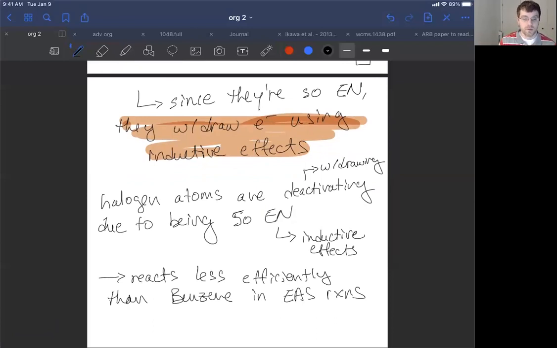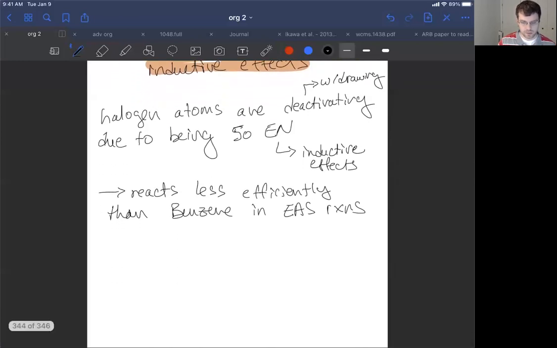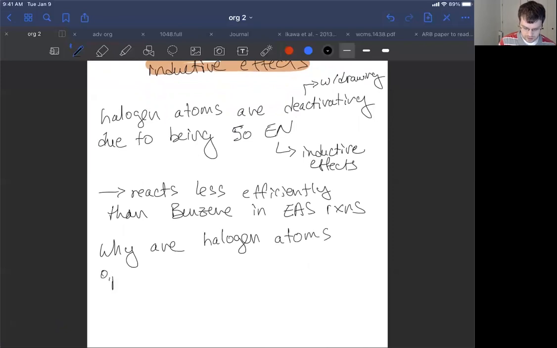Now, what's kind of weird, and I know we haven't looked at withdrawing groups yet, so we haven't really seen meta directors yet, is that halogens are ortho-para directors. So why are halogen atoms ortho-para directors?